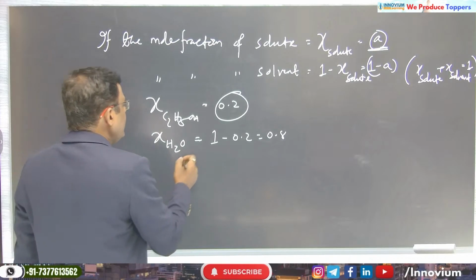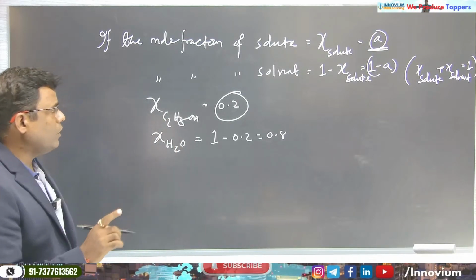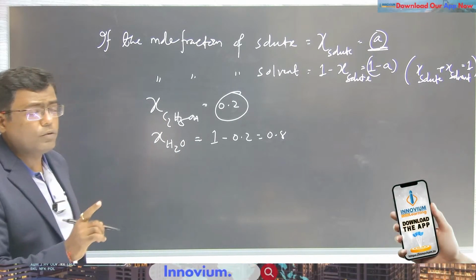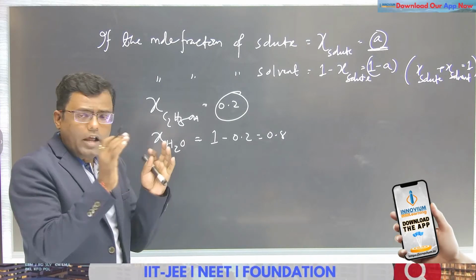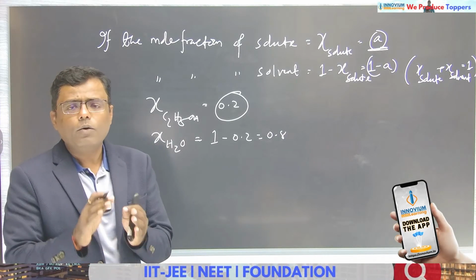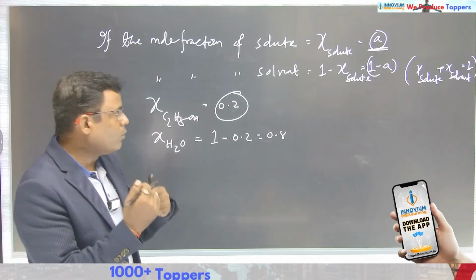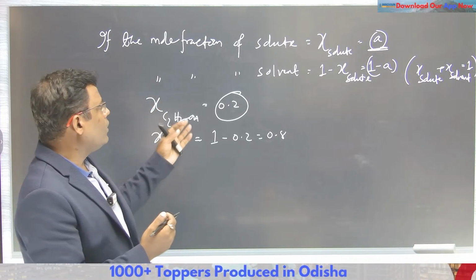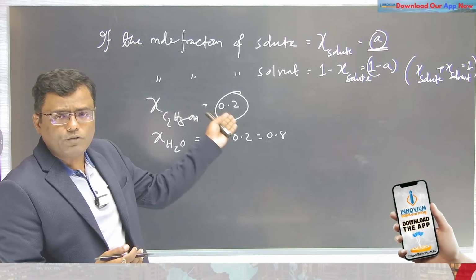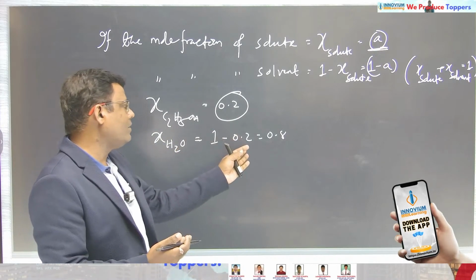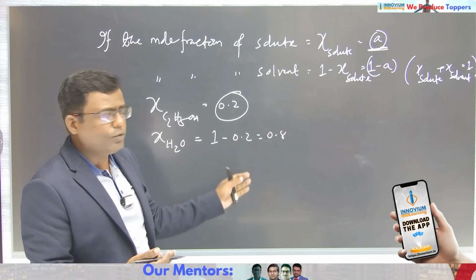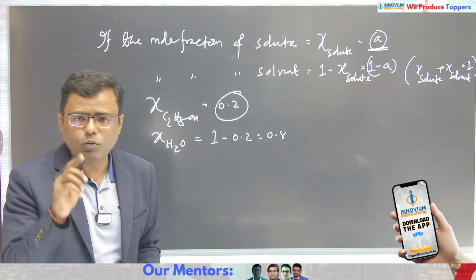So here you see, if the mole fraction of solute data is given, then what does it mean? If you take 1 mole of solution, then out of that, solute moles is nothing but the mole fraction of solute, and solvent moles is what? Simply 1 minus the mole fraction of solute gives you the solvent moles in that 1 mole of solution.